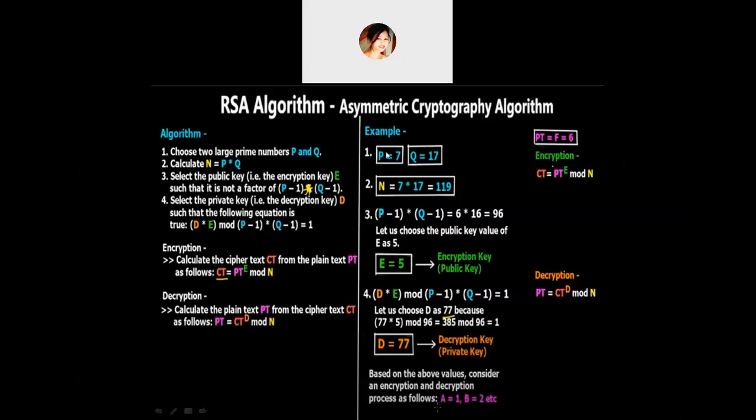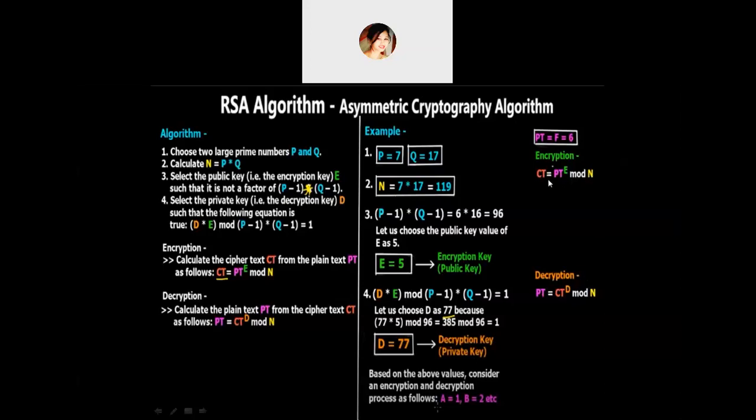I'm also advising you, in the exam I may ask you to take P equals 7, Q equals 17. I won't ask you to take random prime numbers. I'll give you obvious prime numbers that satisfy these two conditions.